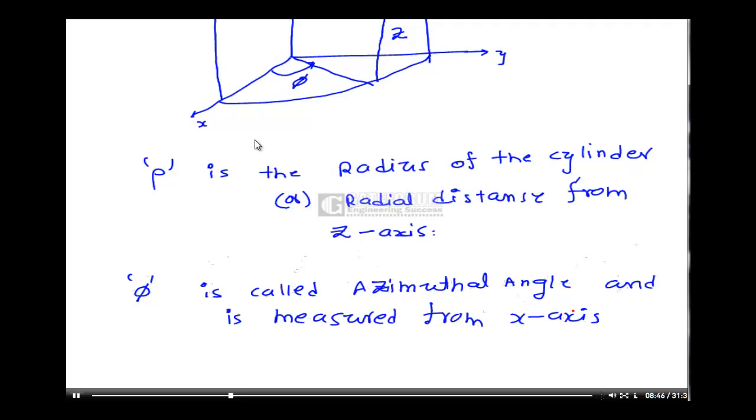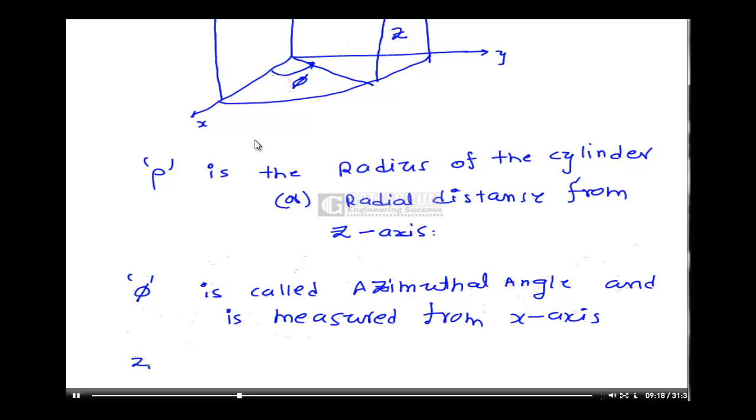Because here we are assuming a cylindrical distribution, this particular phi provides the angle at which the point locates with respect to x-axis. So phi is called azimuthal angle. So rho indicates the radius of the cylinder, phi the angular position.